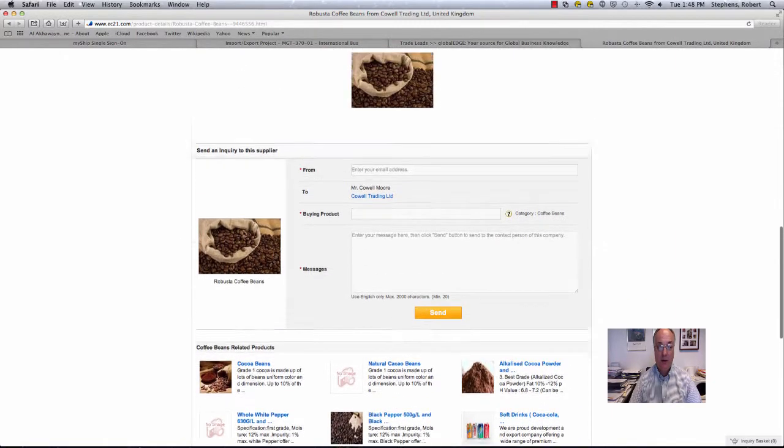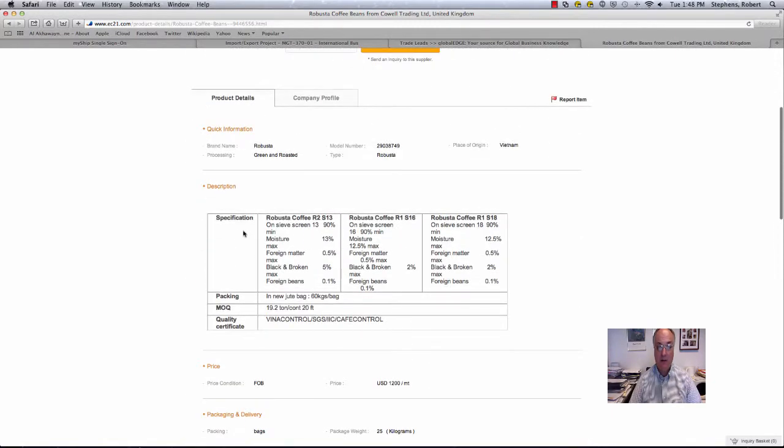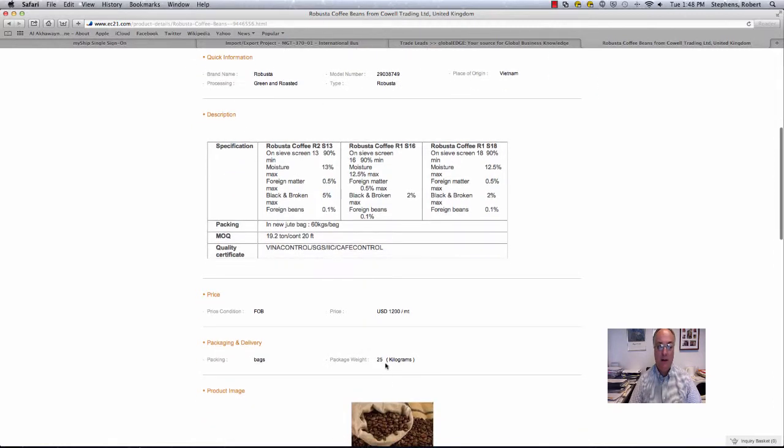I don't know if they have them already in London or if you're getting them directly from Vietnam, unless I'm missing something. And it does say 25 kilogram bags and a price of $1,200 per metric ton. So I assume we can buy in quantities of 1 metric ton, but we would want to know, can we buy in smaller quantities than that, or do we need to buy in larger quantities?